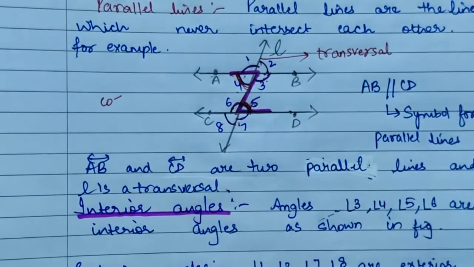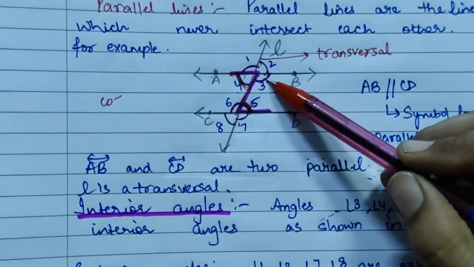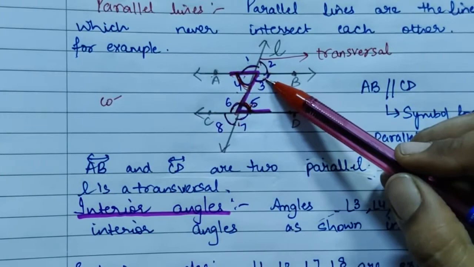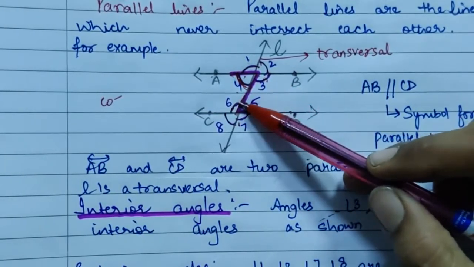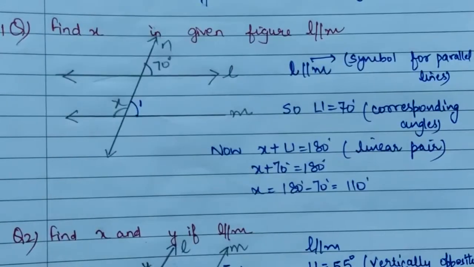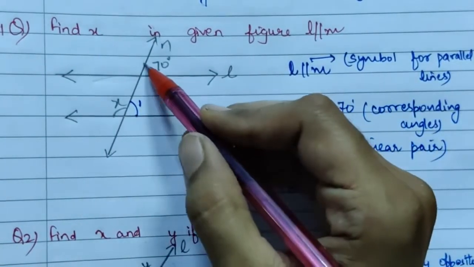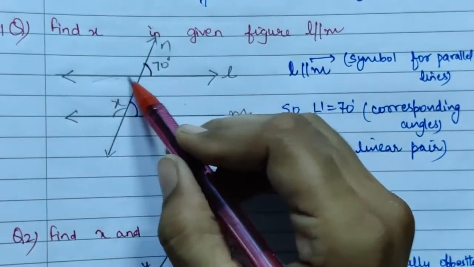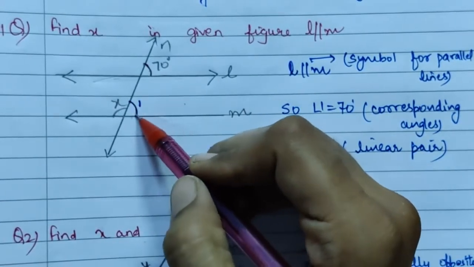And the property says that the sum of co-interior angles is always 180 degrees. So here also angle 4 plus angle 6 will be 180 degrees. Clear? Now see the question, we have to find the x here. If this is 70 degrees upside, so this is also 70 degrees.